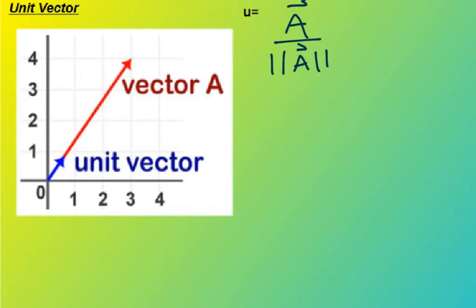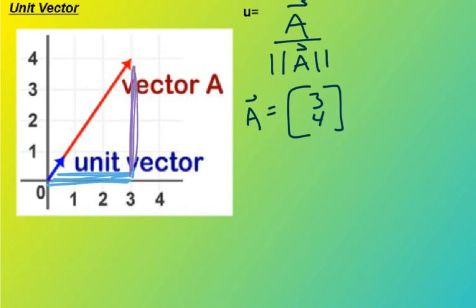Just to work through this one, vector A right now would be given by 3, 4, and its length would come from the distance formula. You're just going to be doing this distance squared plus this distance squared, and then the square root of it.